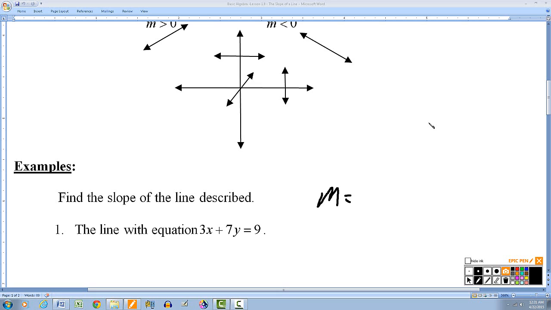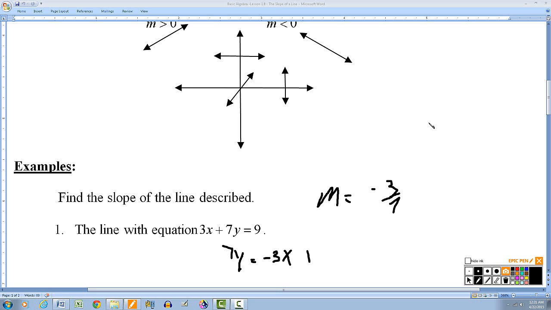Well, you should be able to see that if I solve that for y, the coefficient of the x is going to be negative 3 over 7. So that's the slope, right? Because notice I would have 7y is equal to, take the 3x over, so I change the sign to negative 3x plus 9.